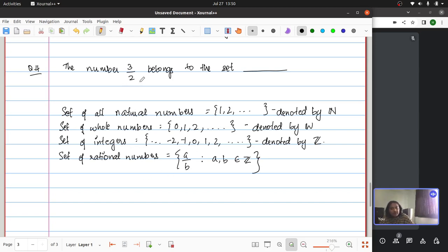So 3 by 2 is of this form. So here the option would be rational numbers. This is usually denoted by Q.